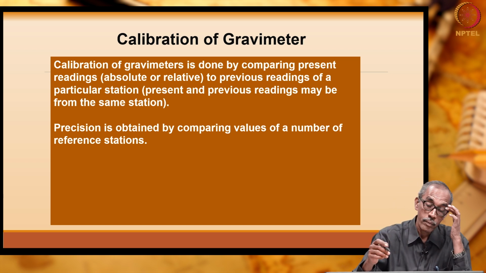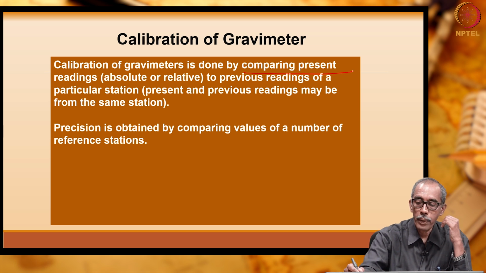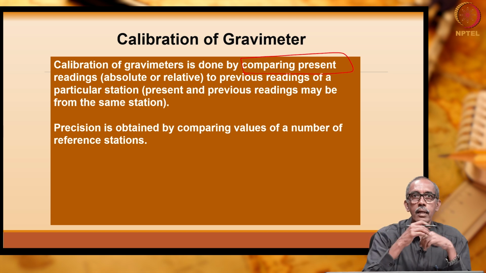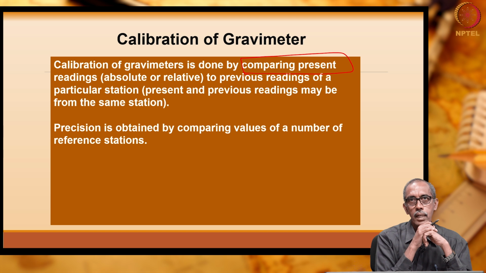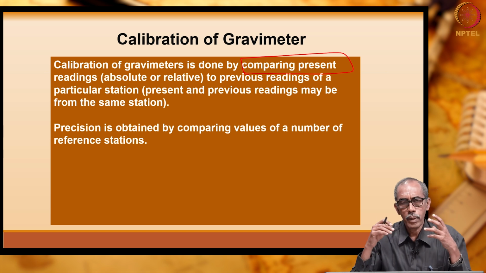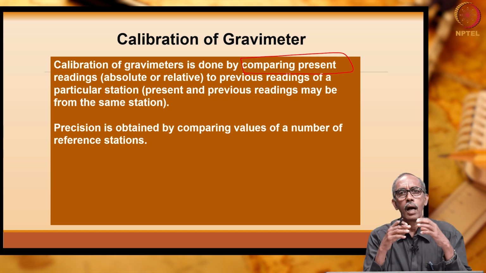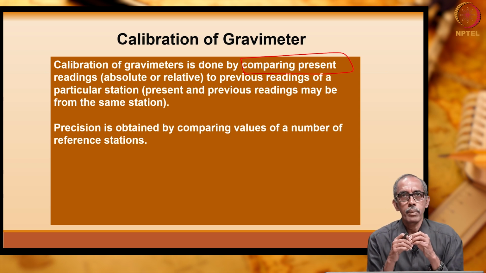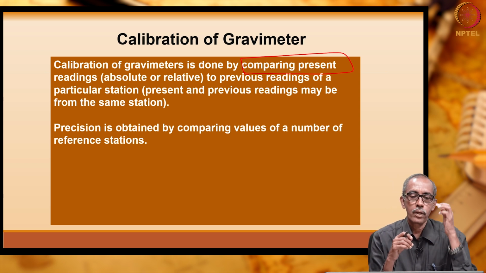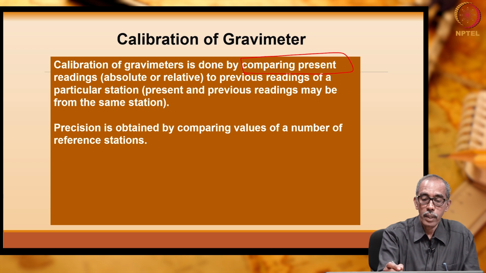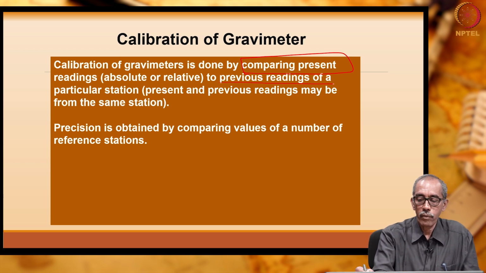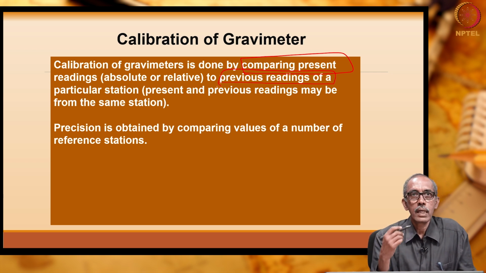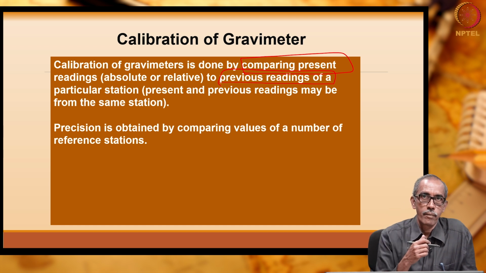How is it done? This is done by comparing the reading which we have obtained. It can be from any method, maybe by the weight dropping method, or by a popular stable gravimeter, or by a popular unstable gravimeter. The reading which we have obtained can be compared with the previous readings of the same station.